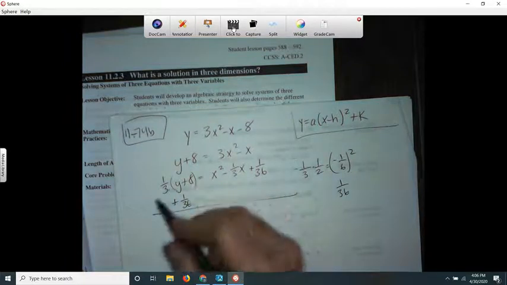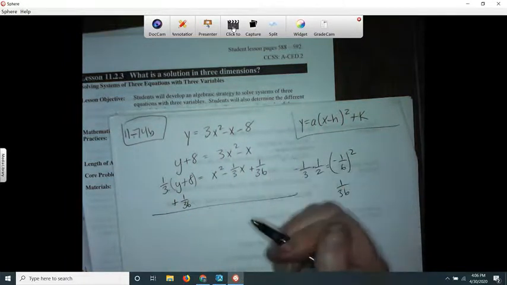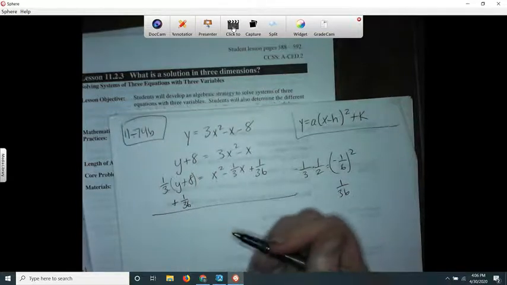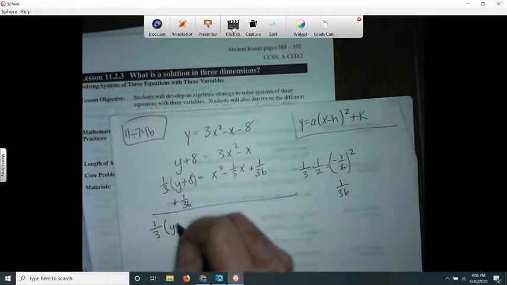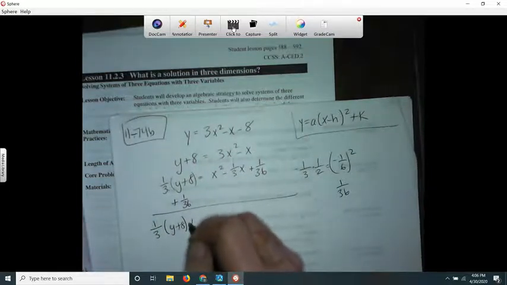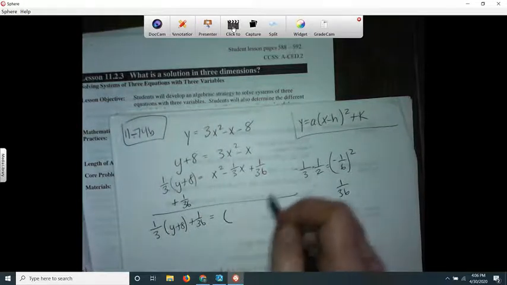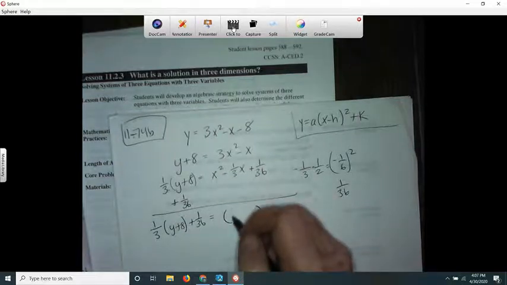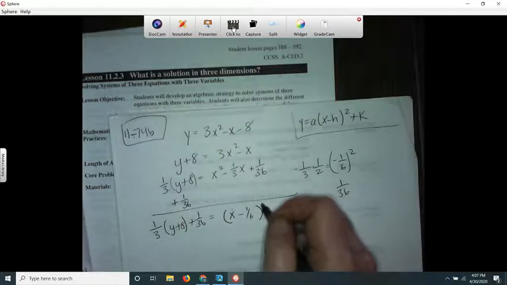This thing over here is going to be a perfect square trinomial. It's going to be x minus 1/6, all squared.